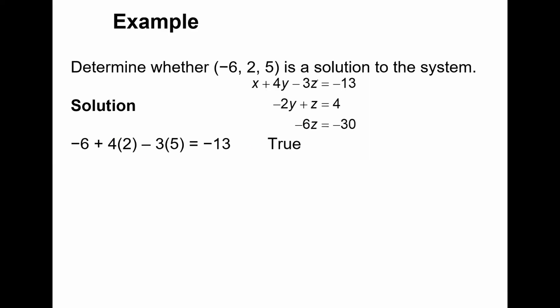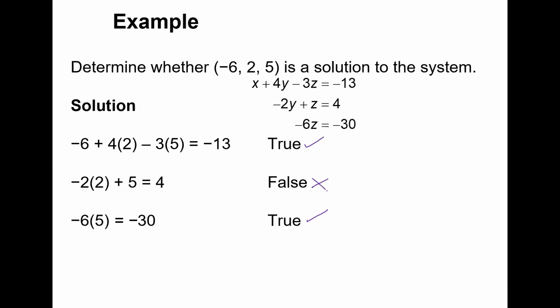Plugging into the first one, we get a true statement. Plugging into the second one, though, we end up with a false statement, and therefore it's not a solution to this system. If we plug it into the third one, it's true. So you could plug it into two of them, say it's true, and forget the last one, but the last one shows that it's not a solution to the system.